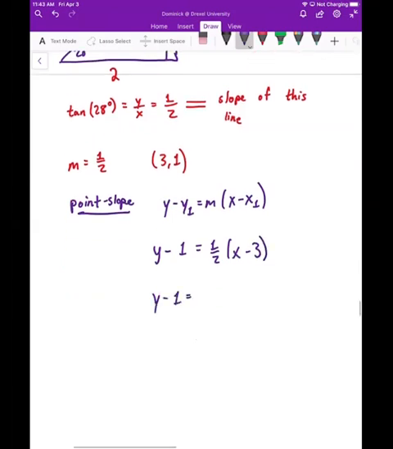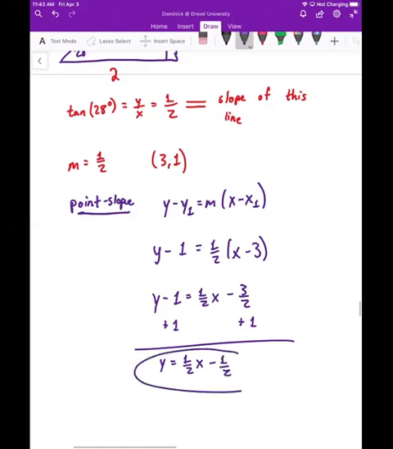So we get y minus 1 is equal to 1/2 x minus 3/2. And then once we add 1 to both sides, we'll get that y is equal to 1/2 x, and then I guess this would be a minus 1/2. All right, so that's how you can get the equation of that line by using the tangent, right? The tangent just helps you get the slope.